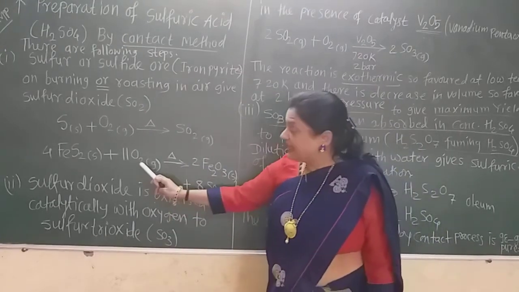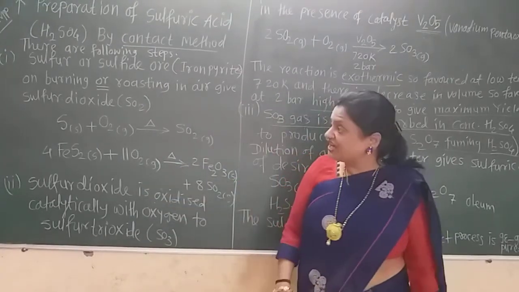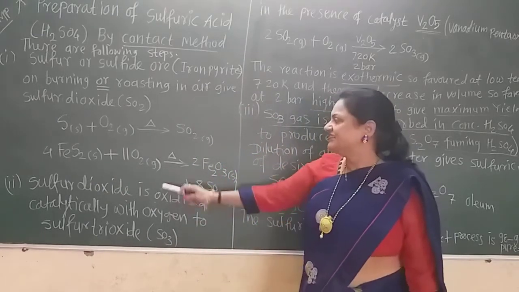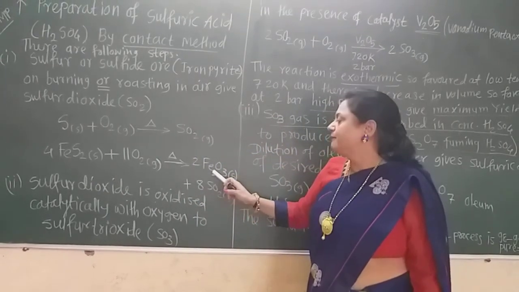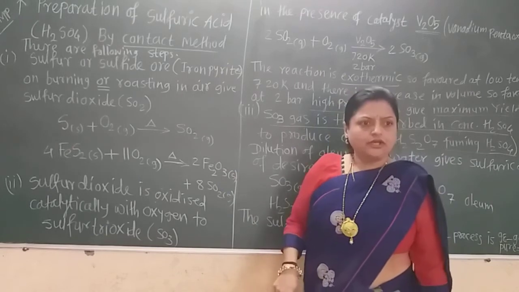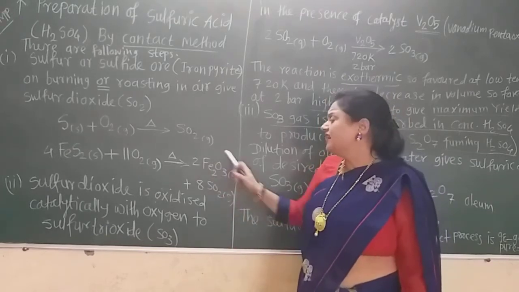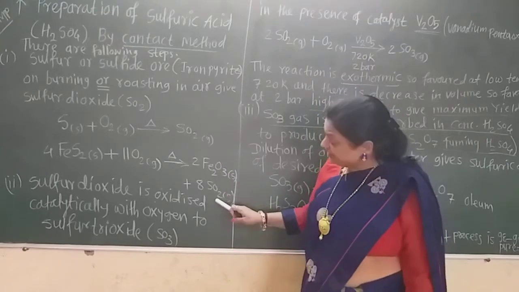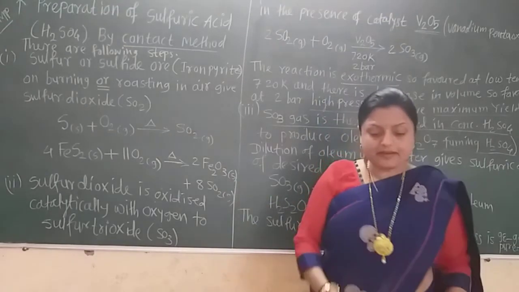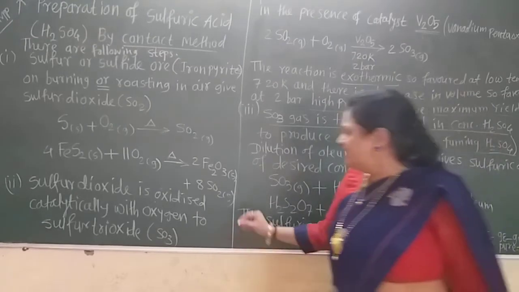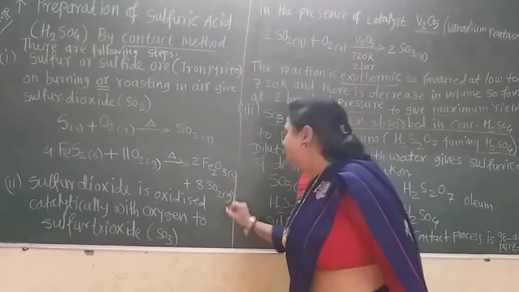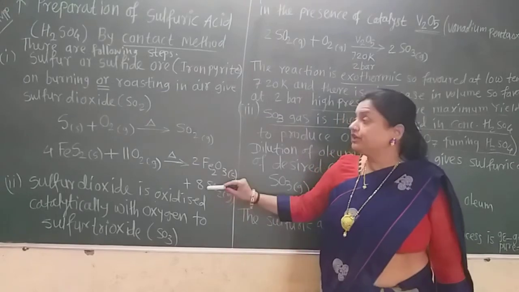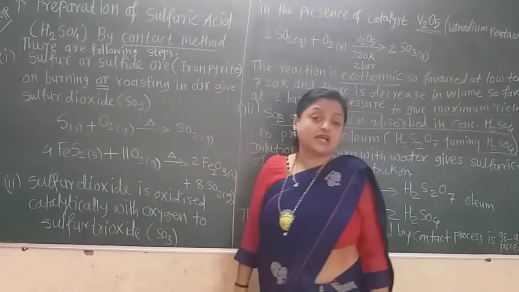So here 11 molecules of oxygen and 4 molecules of iron pyrite react, and there is formation of ferric oxide, Fe2O3. Now this is the byproduct, but our main target is to obtain the sulfur dioxide gas, and nearly 8 molecules of sulfur dioxide gas are obtained from the 4 molecules of iron pyrite.